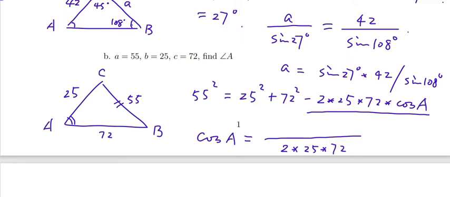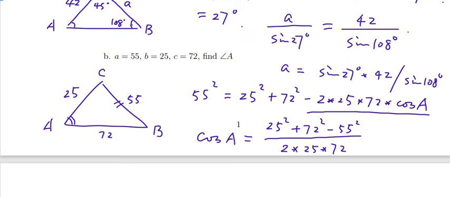The constant is 25 squared plus 72 squared minus 55 squared. Okay, so we just need to calculate to find cosine A.